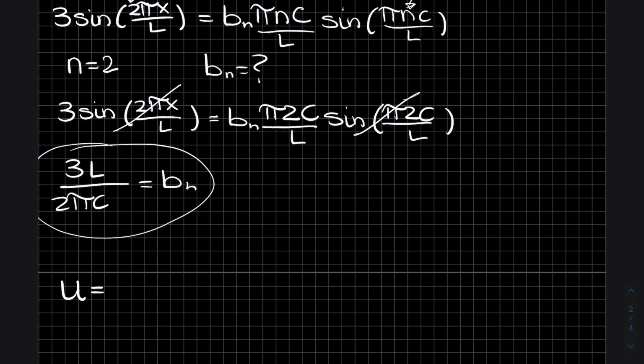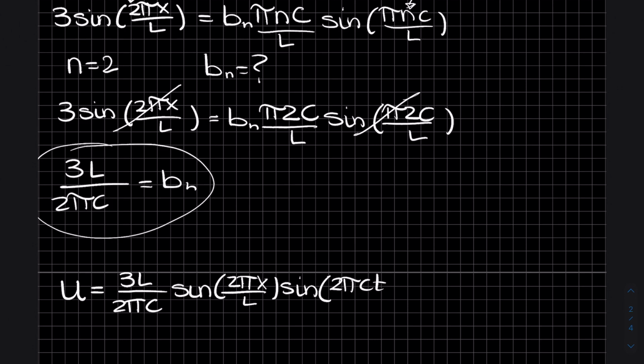N is 2, so we'll end up with u equals 3L over 2 pi c sine 2 pi x over L sine of 2 pi c t over L. So you'll see that we've left the x's and the t's as they are, and we have filled in what the constant is and what the n is.